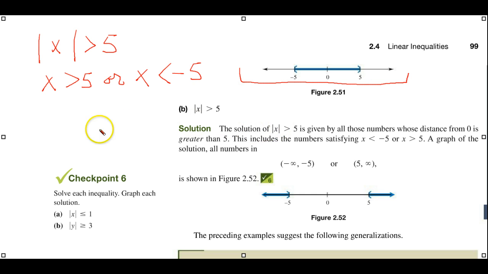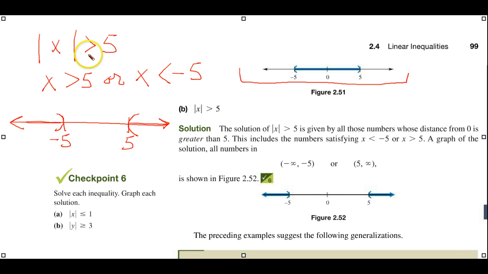So when you make your graph of this, we have a negative 5 and a positive 5. x is greater than 5 would be parentheses going this way. x is less than negative 5 would be parentheses going this way. And you see you have that space between them.